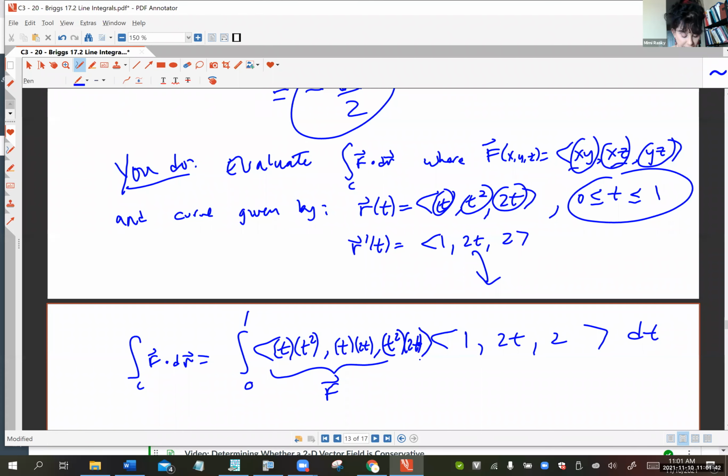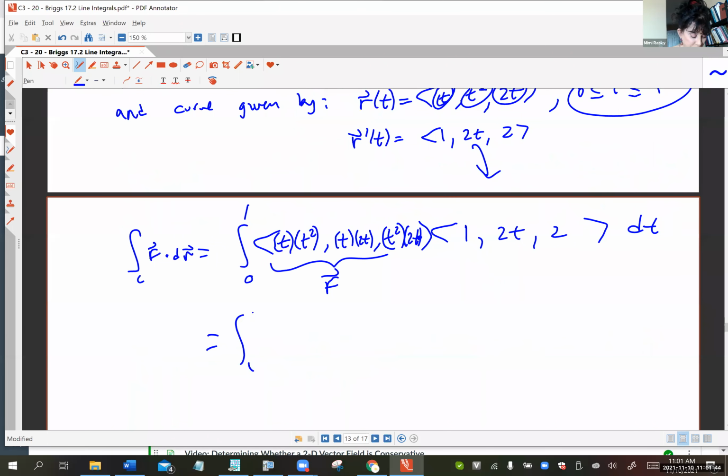And we got a lot of t's here. So before I do the dot product, I'm going to clean up my vector valued function's components. The first component, t times t squared, is t cubed. The second component is going to be 2t squared. And the last component will be 2t cubed.